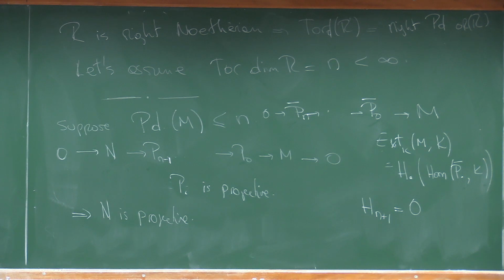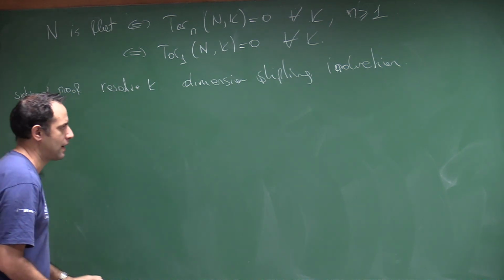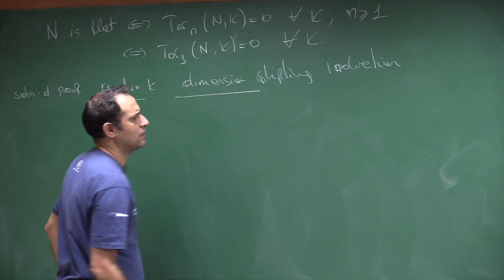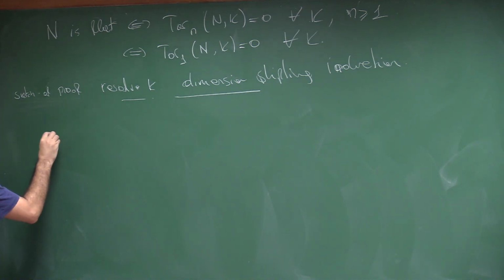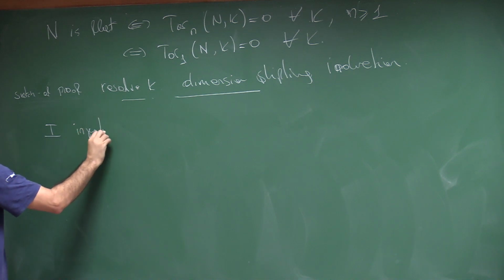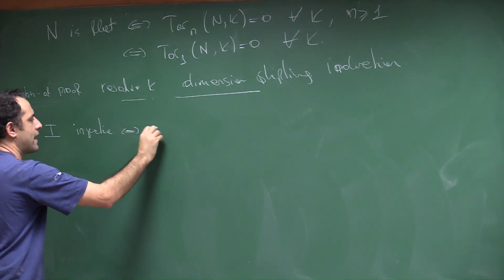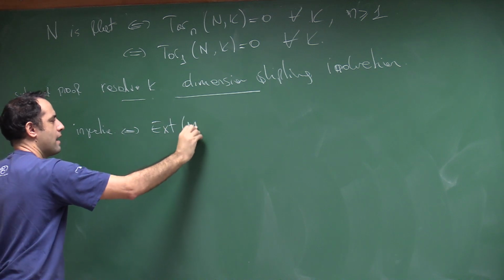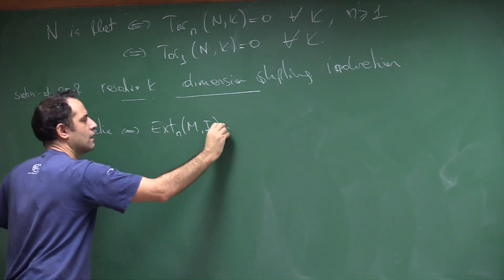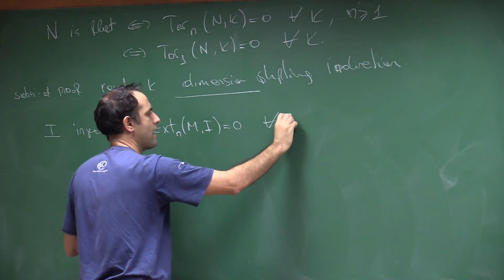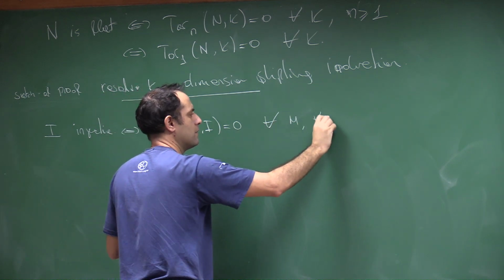There's one extra trick. There's something different that happens when I need to check for injectivity, and the same thing happens for flatness. And I think both of them I did prove. So I said I is injective if and only if Ext^n(M, I) is 0 for every M and every n bigger or equal than 1.